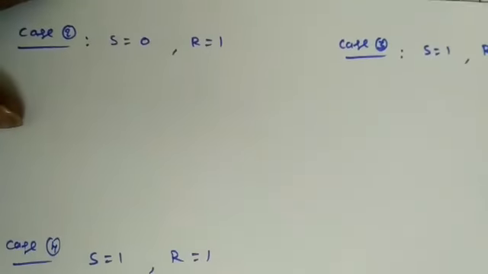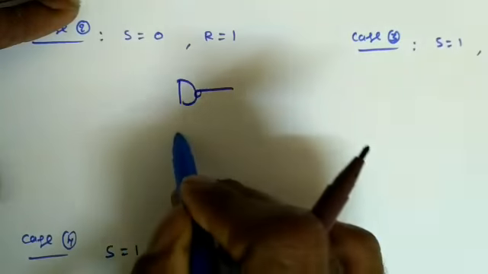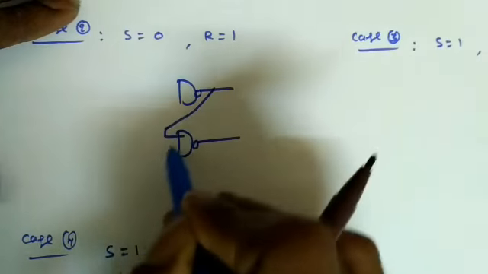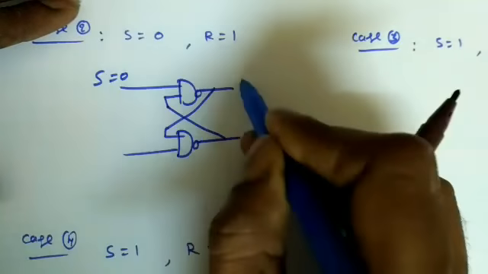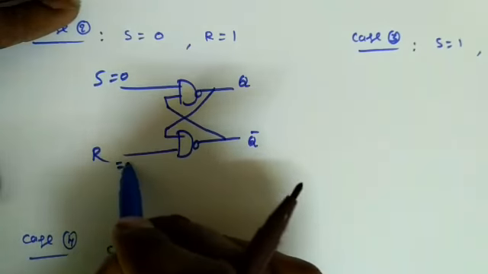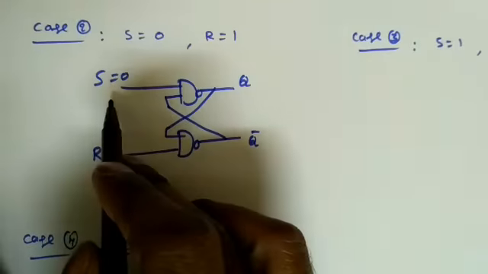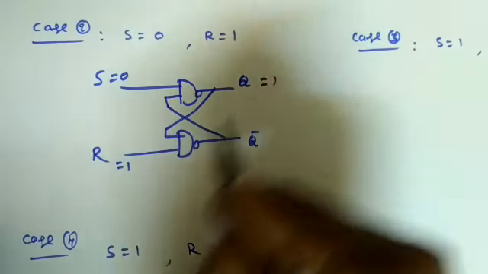Now in case 2, when S is equal to 0, R is equal to 1, what happens in the NAND gate? This is S equal to 0 and this is Q, R, this is Q bar, with R equal to 1. The moment S is equal to 0, Q will become directly 1, because 0 into anything is 0, and 0 bar means 1.